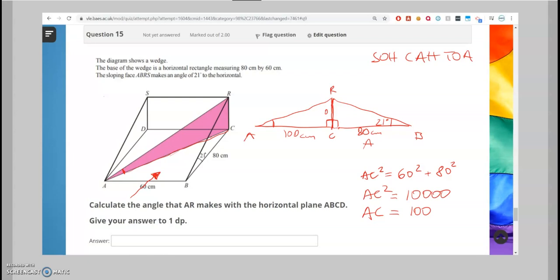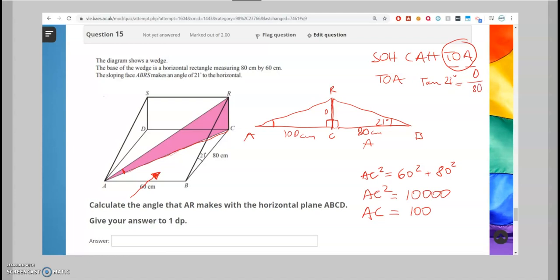So we're looking for O and A, and that is this one, so TOA. So the tangent of 21 degrees is equal to the length opposite, which we don't know. So it's O for opposite rather than 0, divided by 80.